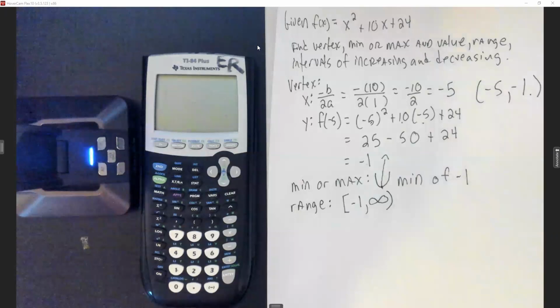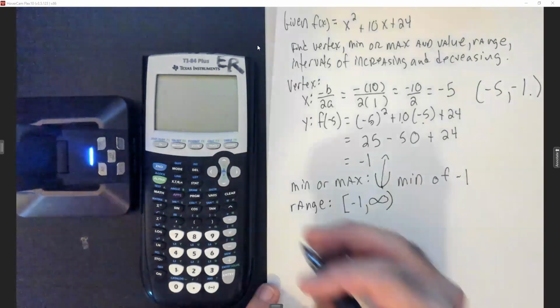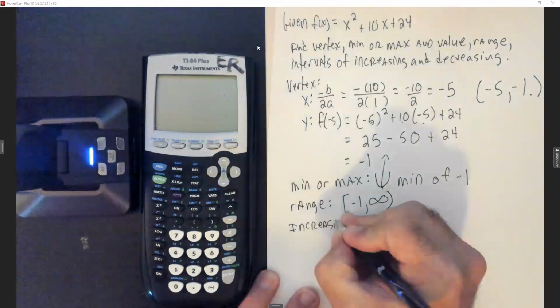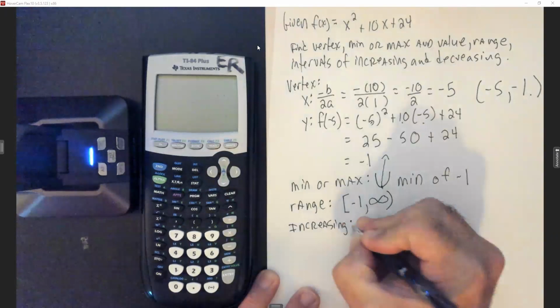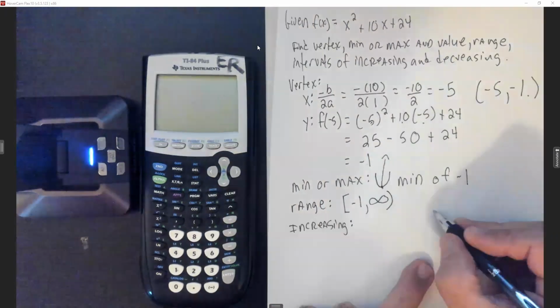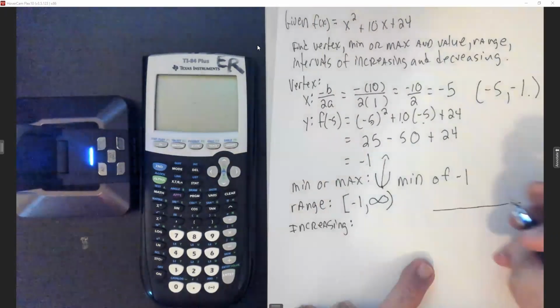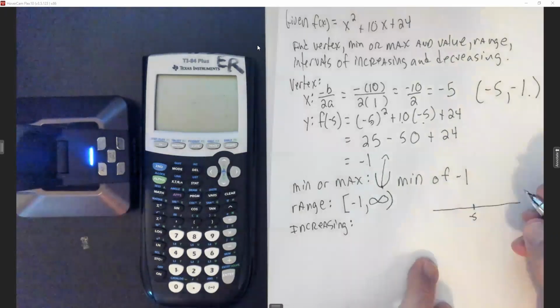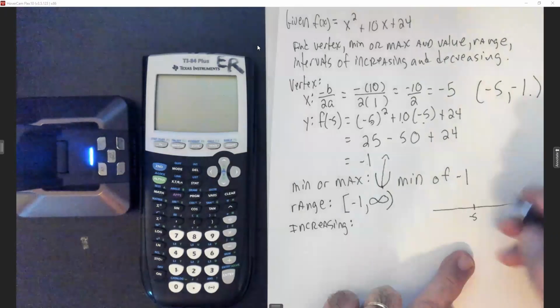So now they want intervals of increasing and decreasing. So I'll do the increasing first. So now you got to look at x values. So on your graph, here's your negative 5, right? That's where this happened at.